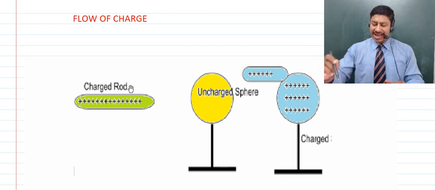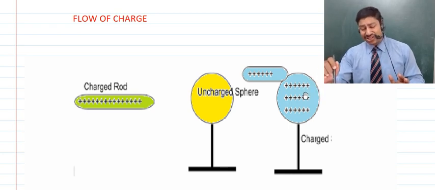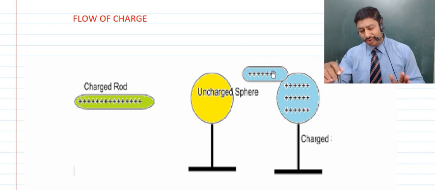So as such, when this charged rod was touched with this uncharged conductor, what happened was, as the uncharged conductor had an extra number of electrons in comparison to the deficiency of electrons which was there in this glass rod, in this normal metallic rod.